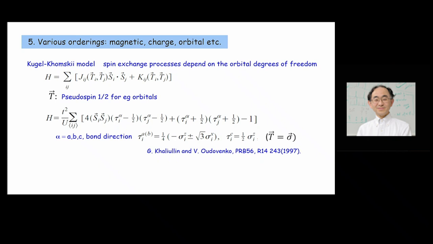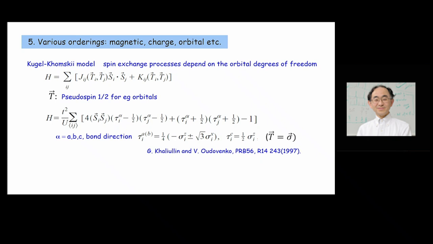Once you are interested in these eg orbitals, this corresponds to the pseudo-spin one half. We have a T spin, and then this T spin and S spin, the real spin, are coupled in this way. This is called the Kugel-Khomskii model, and is considered a fundamental model of magnetic and orbital ordering of magnetic oxides.